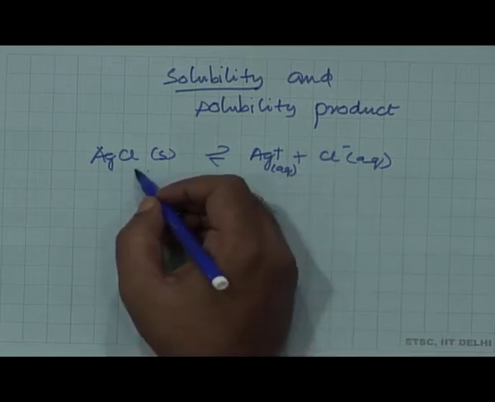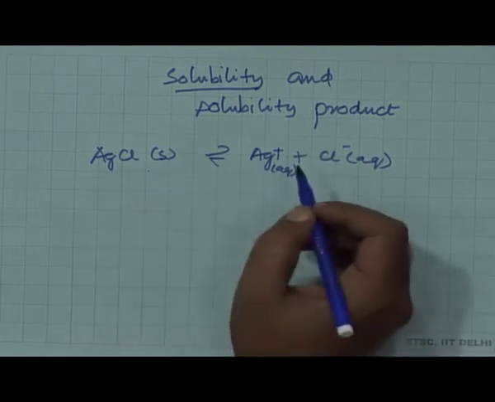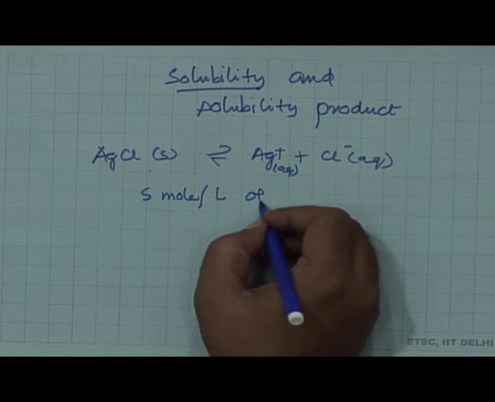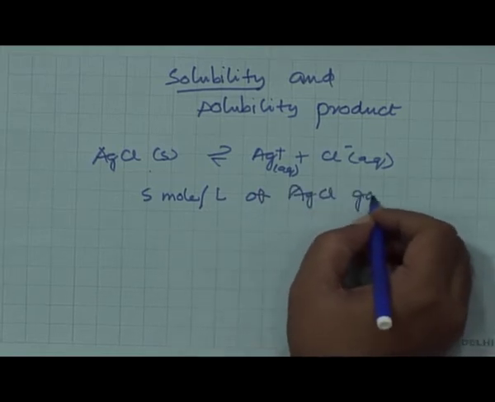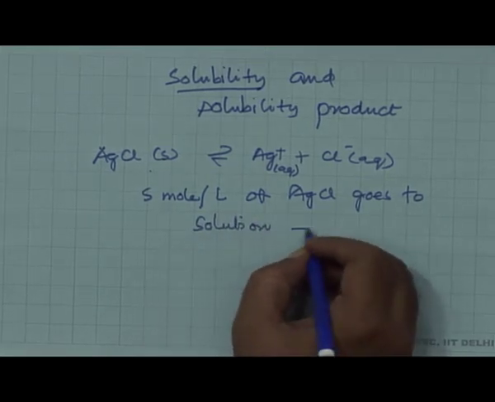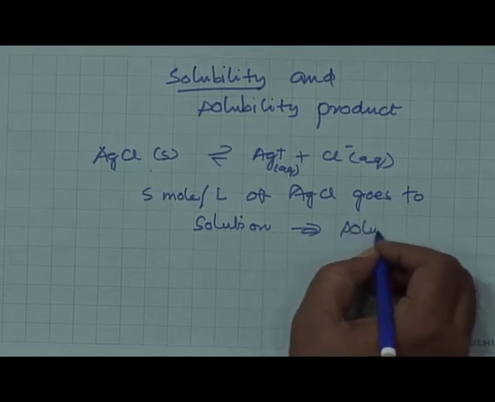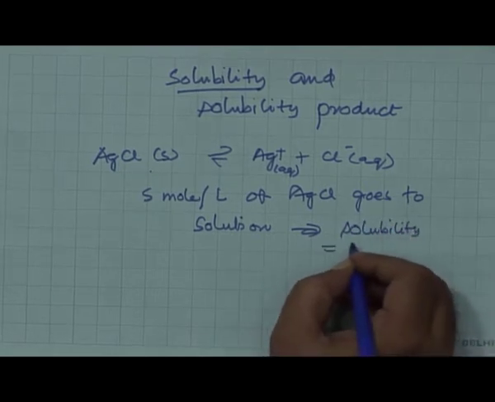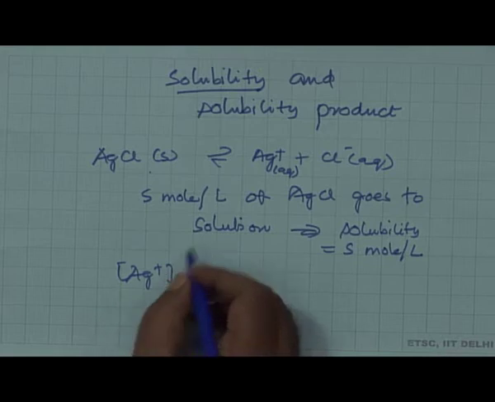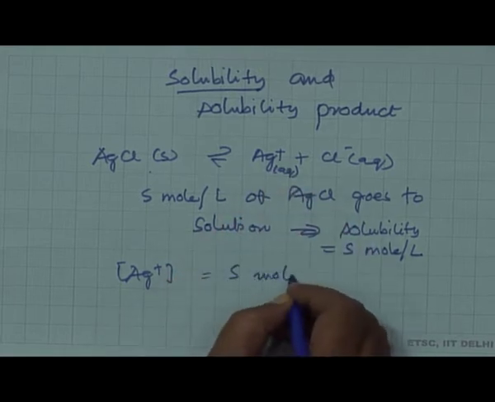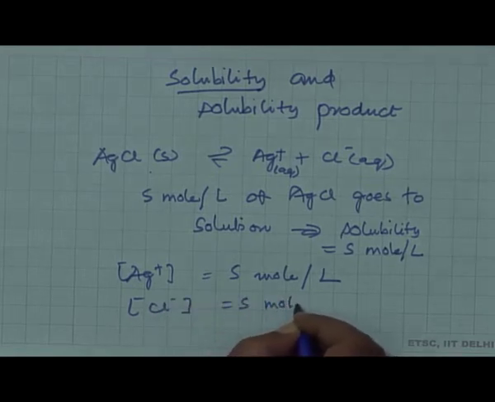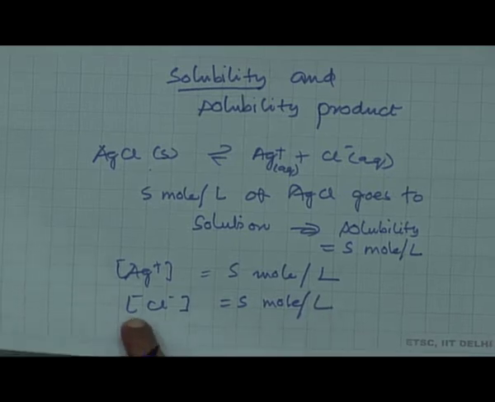Suppose S mole per liter of AgCl goes to solution, that means the solubility is S mole per liter, and then the Ag plus ion concentration will be S mole per liter, and the Cl minus concentration will be S mole per liter.